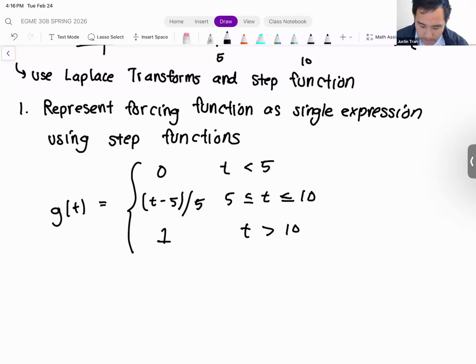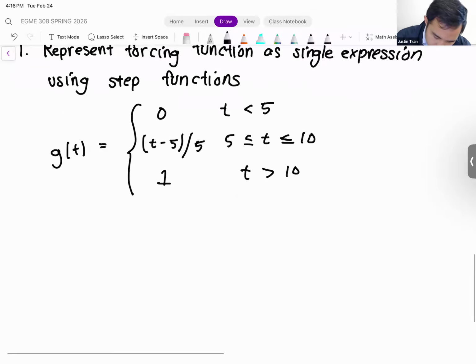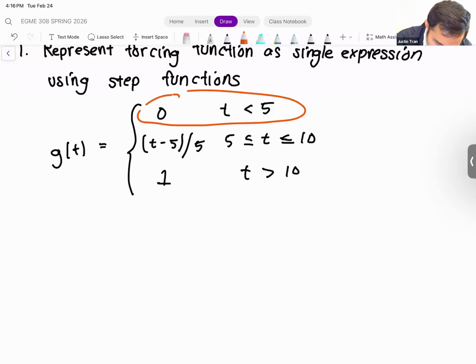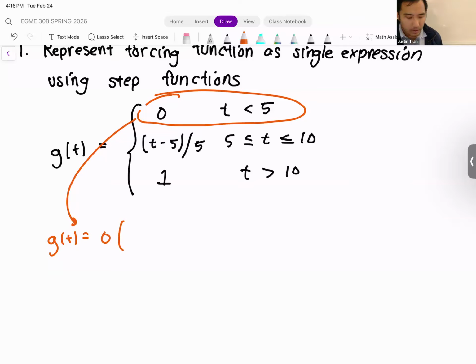The first section says that our function here has a value of 0 between t equal to 0 and 5. So g of t is equal to 0. We're going to turn on this section of the function with the step function.